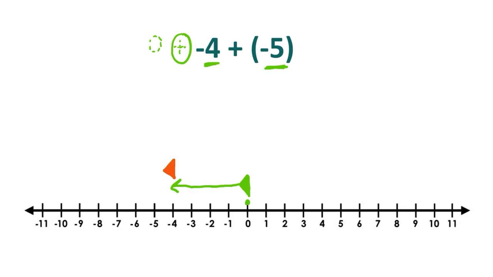I'm not changing the direction I'm facing. I'm still facing the negative side. My operation is plus. Because it is plus, I walk forwards 5 steps. 1, 2, 3, 4, 5. I walked 5 units, and I land on -9, which is my final point.